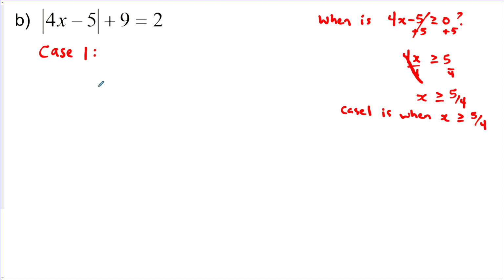So case 1 happens when x is greater than or equal to 5 over 4, or 1.25 if you prefer. Now let's actually solve it. Notice how there's two different things happening. I'm trying to figure out when case 1 is happening, and then I'm actually solving it. So drop the absolute value brackets because they weren't doing anything. Next, do some algebra and solve for x.